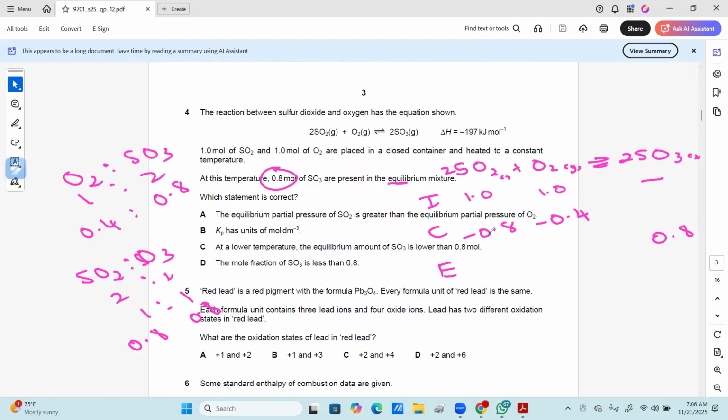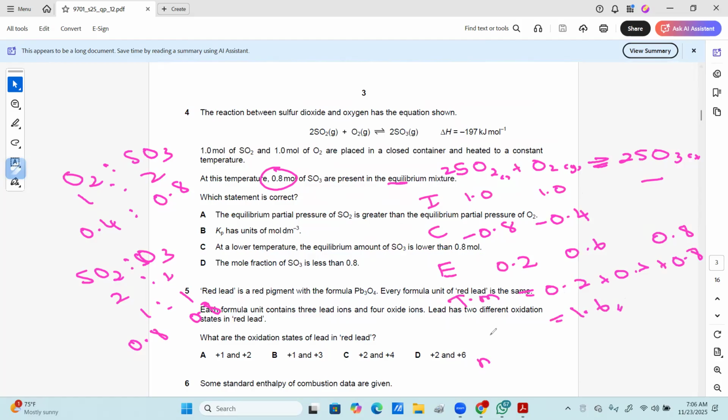Then children, we need to find the equilibrium amounts of the reactants. So you need to subtract. Here you have 0.2, here you have 0.6. Then as they have mentioned mole fraction and Kp in the question, we need to find the total number of moles. You have to add everything. Then you get it as 1.6.